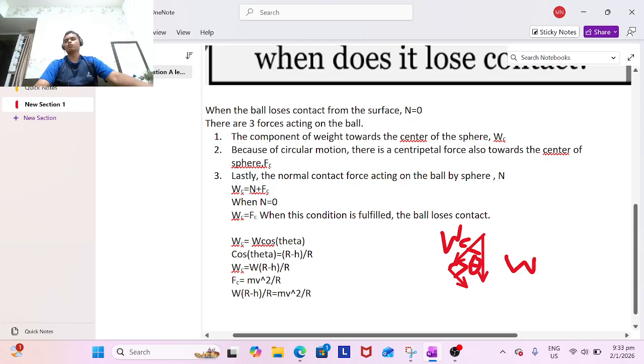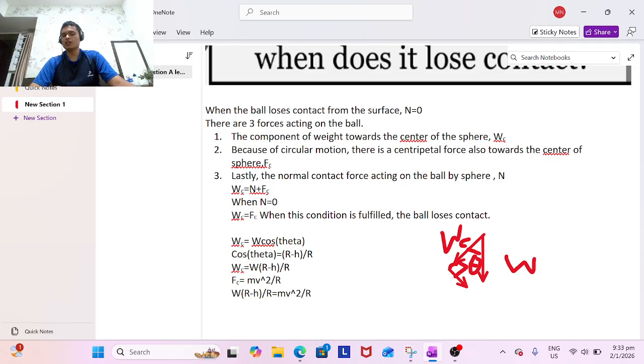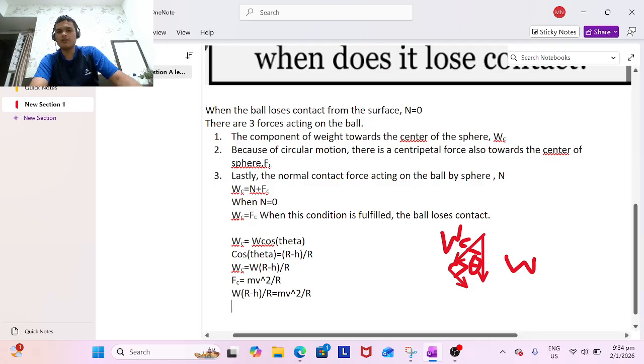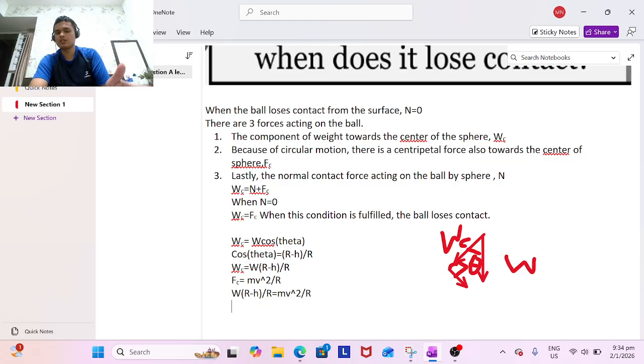Okay, but the problem here is that we do not know what h is and we do not know what v is.